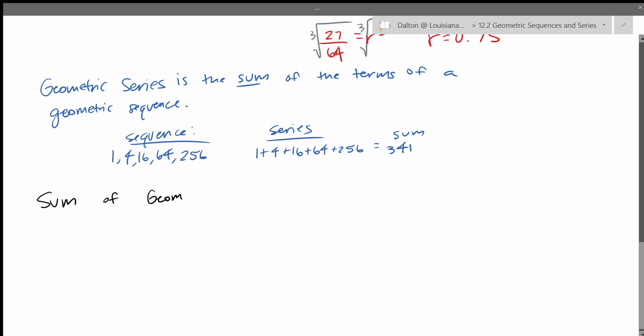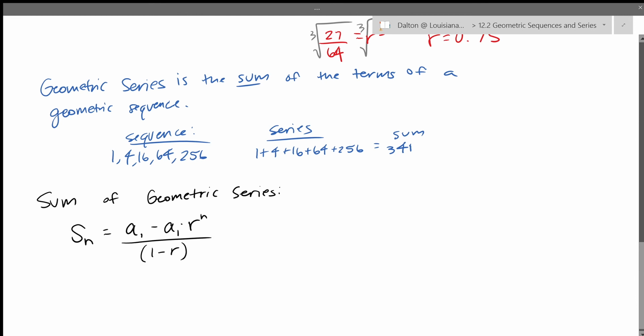So the sum of a geometric series is denoted by, and we have two forms, and it doesn't matter which one you prefer. S sub n is equal to sum, S standing for sum, n stands for the number of terms in your series. A sub 1 minus A sub 1 times r to the n power all over 1 minus r.